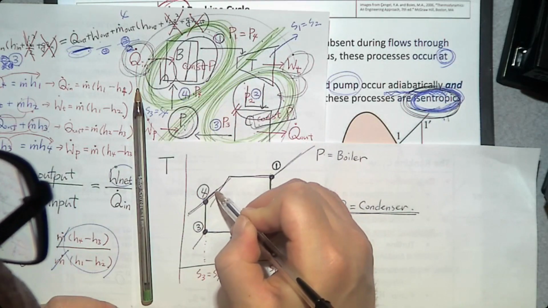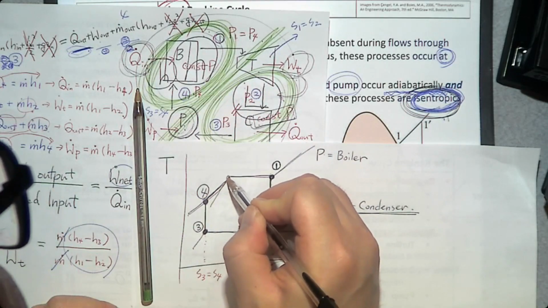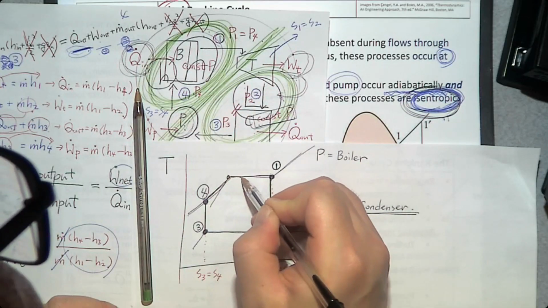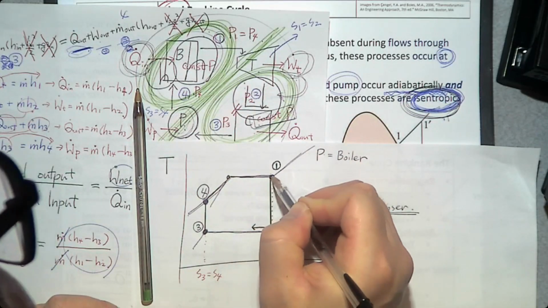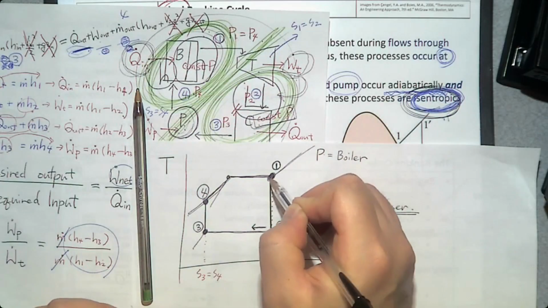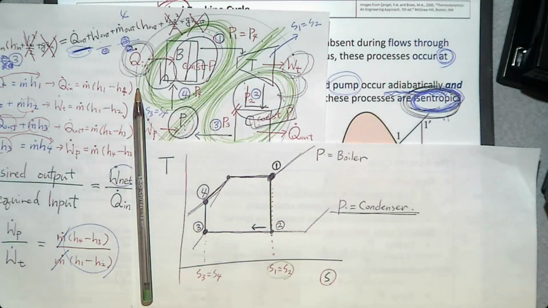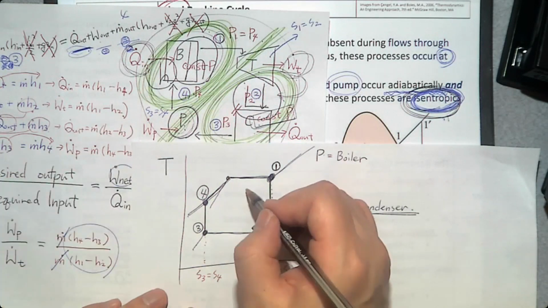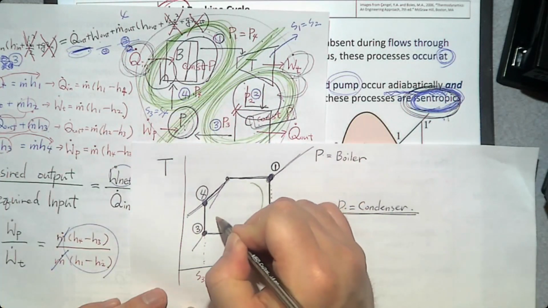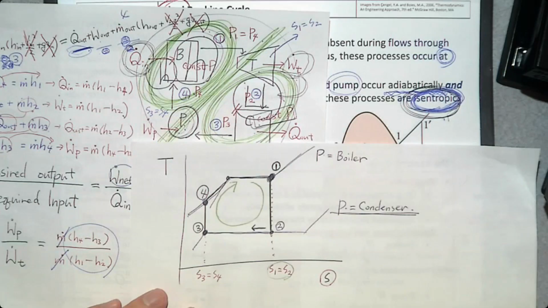From compressed liquid, it becomes saturated liquid, it becomes saturated mixture, and finally at the exit, it's going to be saturated vapor. So it can be a cycle in this way. This is Rankine cycle.